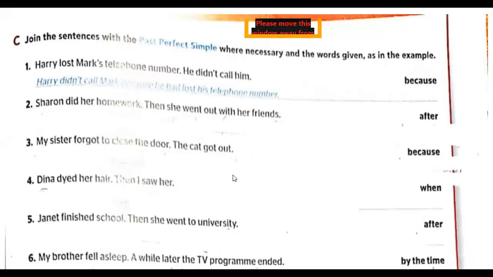Page 59 in the grammar book. Sorry, Seif Haitham, you're right. Sharon did her homework after she had gone out with her friends. No, she went out first and then did the homework? Which happened first here?